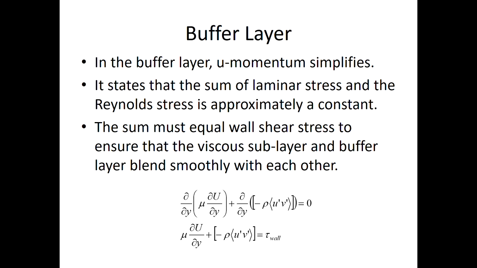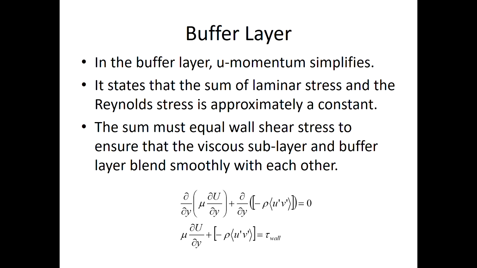Laminar-based molecular mixing and eddy mixing both exist. They actually complement each other so that their net sum equals the pure molecular mixing at the wall, mu times du dy at the wall. So this is what he postulated about the buffer layer. But he couldn't go any farther.